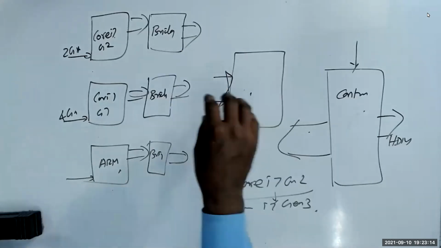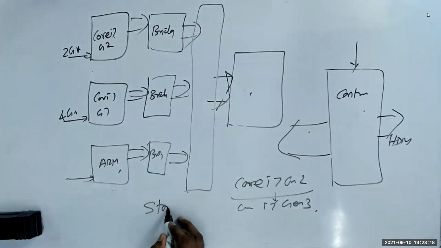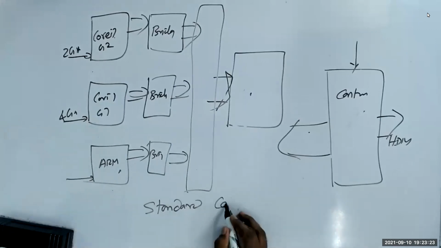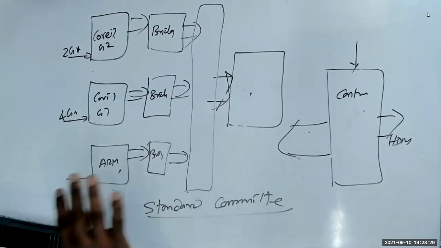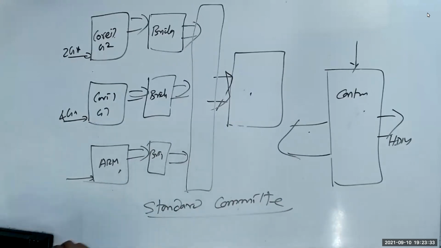Now, this is a committee called the Standard Committee. The Standard Committee will give the set of rules. What are the pins? What is the connector size? For example, you take a USB.